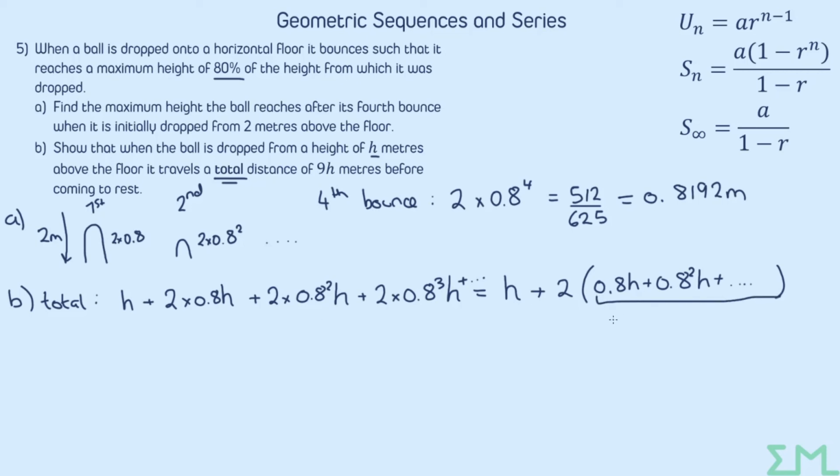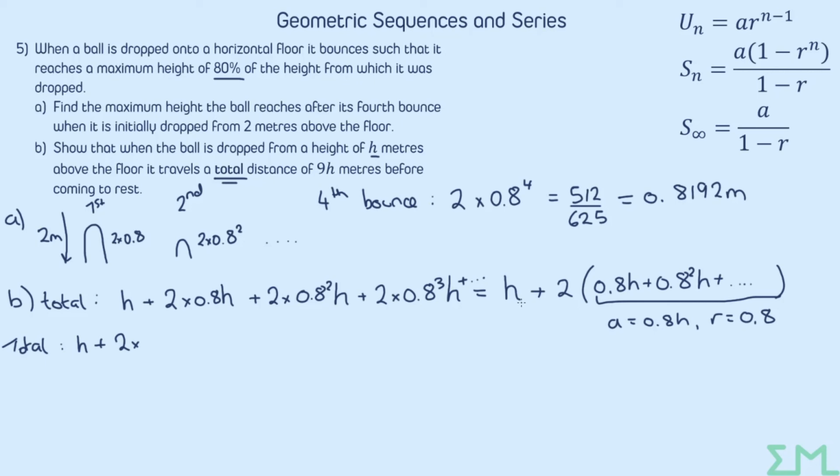This is a geometric sequence. It has a first term of 0.8h and a common ratio of 0.8. That means if we wrote this out again, so total, we would want h plus 2 lots of, now we don't know when this is going to stop, but when it does come to rest, it's no longer going to be bouncing.